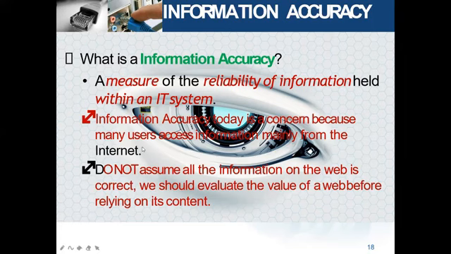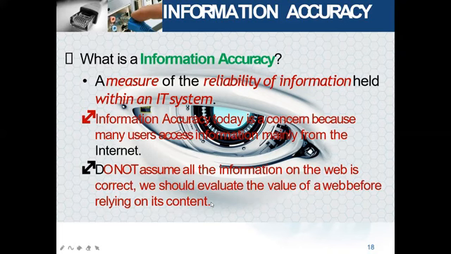Again, the same point I discussed in the beginning, that accuracy is an important point: what information you are taking from the internet, and what information you are forwarding to others by using that. Do not assume all the information on the web is correct.